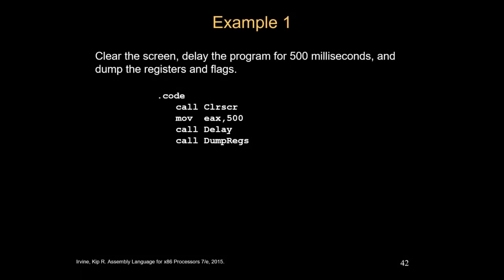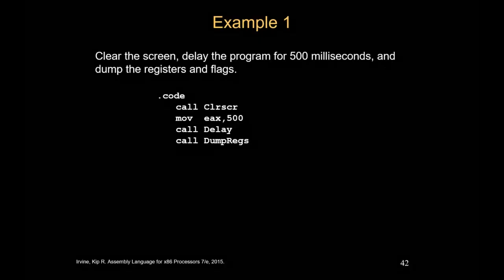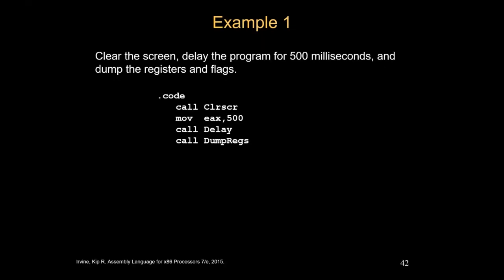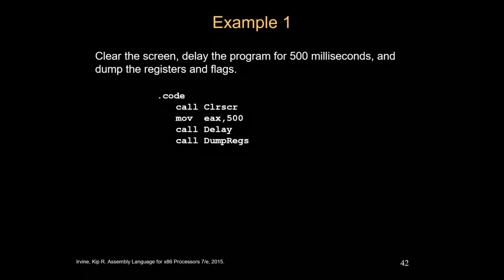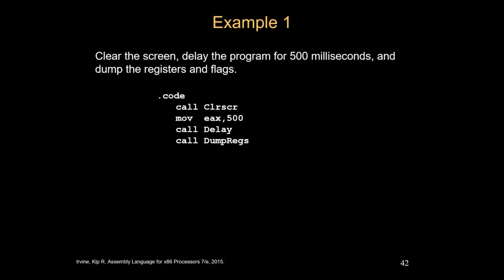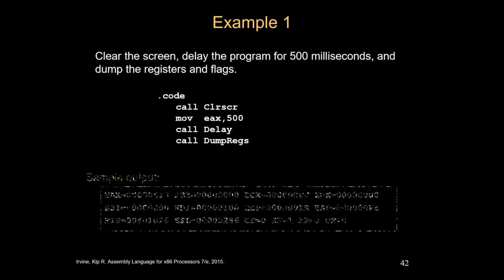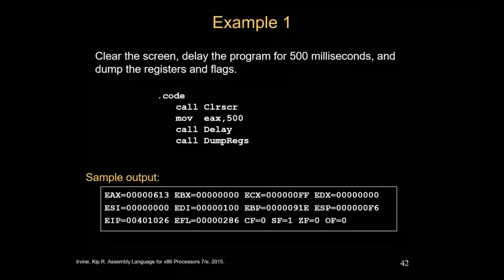To go back, we said it clears the console window. So it will clear the console window before the program runs, and then from there you move 5,000 into EAX, and you say call Delay. Then when you say call DumpRegs, before DumpRegs is called, you are actually asking the program to delay for 5,000 milliseconds. So that will be your sample output.